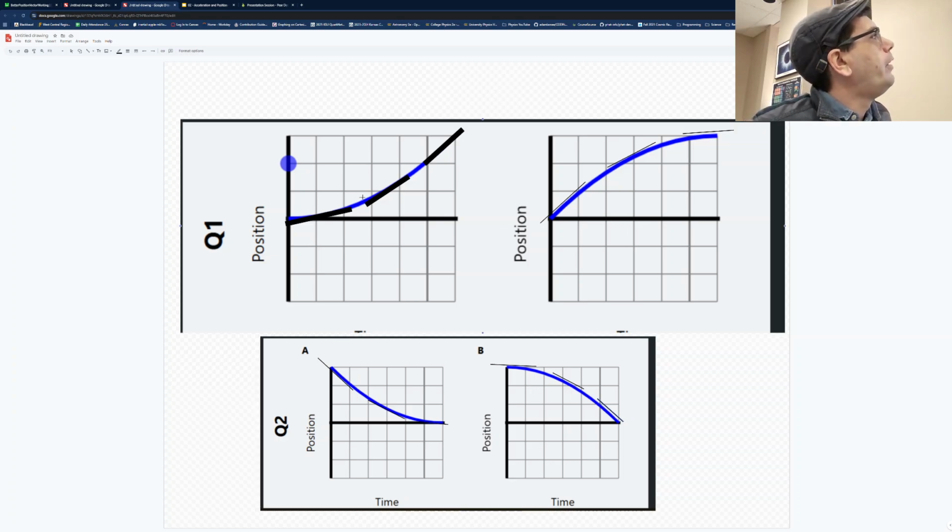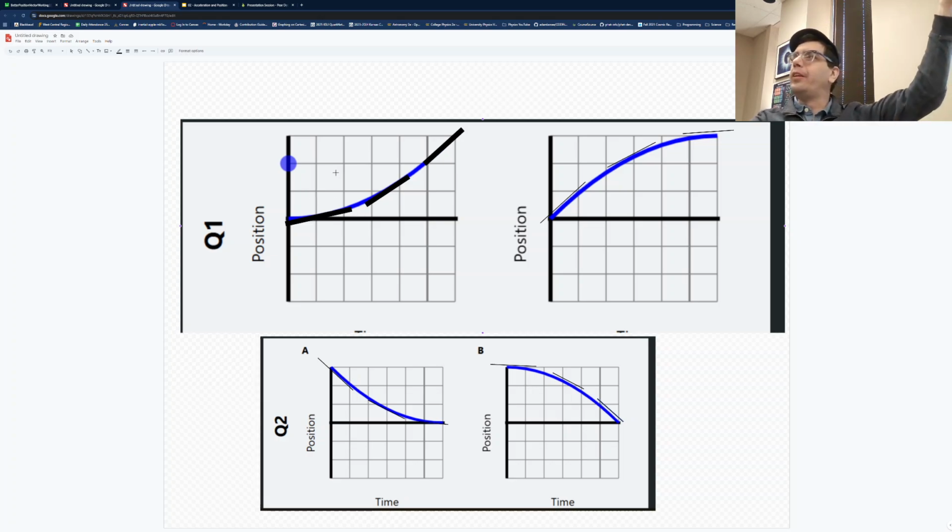So these four graphs, these are portions of a parabola. If you put this one on the left side and this one on the right side, glue those together, you would get an upward facing parabola. Whereas if you put this one on the left and this one on the right, you would get a downward facing parabola.